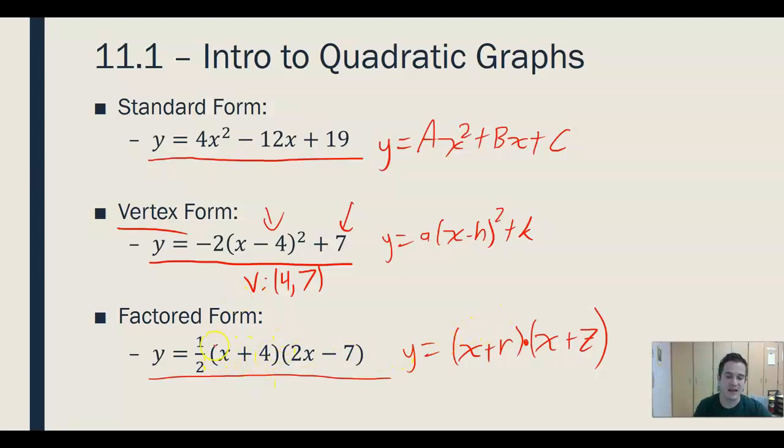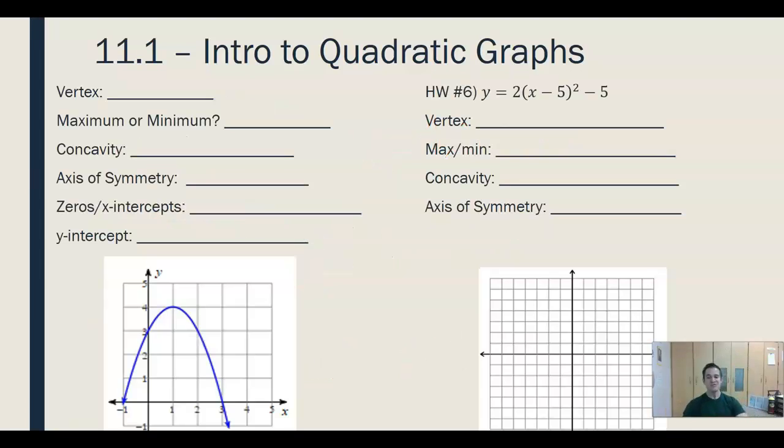When I set y equal to 0 here, and set these terms equal to 0 like I did in Unit 10 when I used the zero product property to solve quadratic functions, I can find where that quadratic function crosses the x-axis. So these are the different forms, and in each of these forms there are some specific things that we can really easily identify about quadratic graphs.